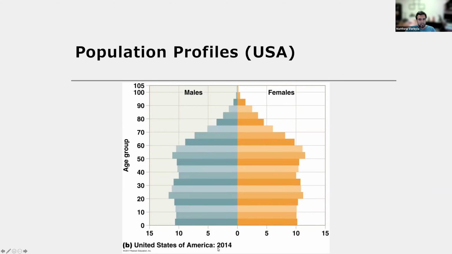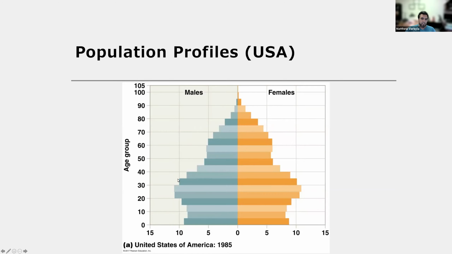Now, as we see the growth pattern change, this is in the year 2014. Of course, in 1985, people who were in their 20s, by the year 2014, that is 30 years later, right? They're going to be in their 50s and maybe 60s, right?